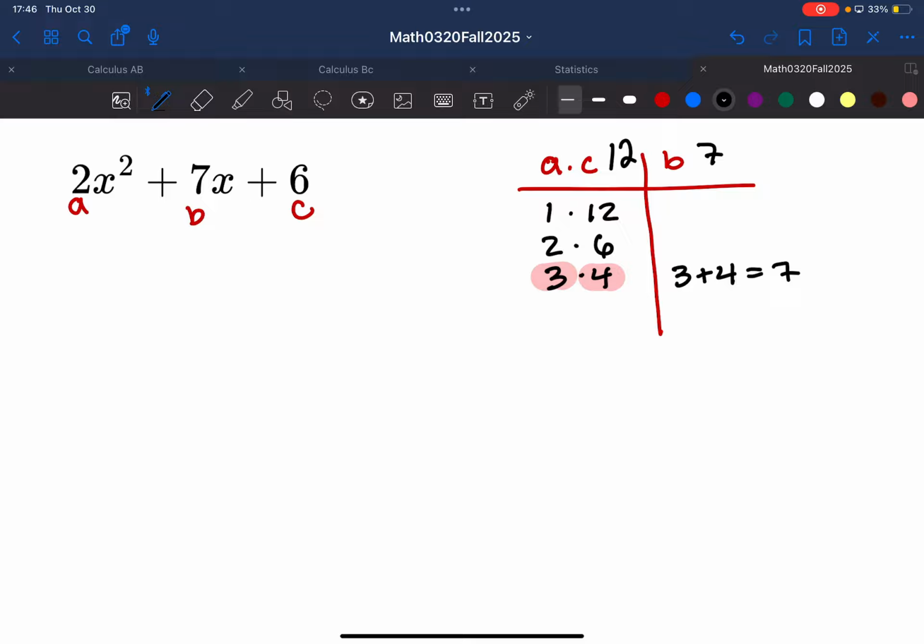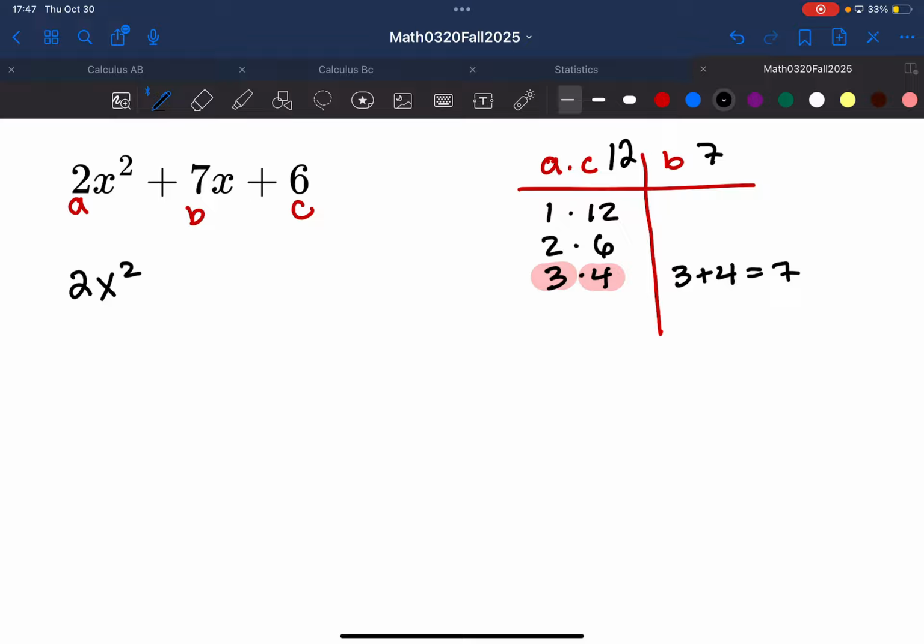So now what I'm going to do, instead of going straight to my parentheses like I did yesterday, I have to expand that middle term. And instead of writing 7x, I'm going to write 3x plus 4x. Okay, so 2x squared, that first term comes down. And then the order doesn't really matter, but it can be helpful to put common numbers together.